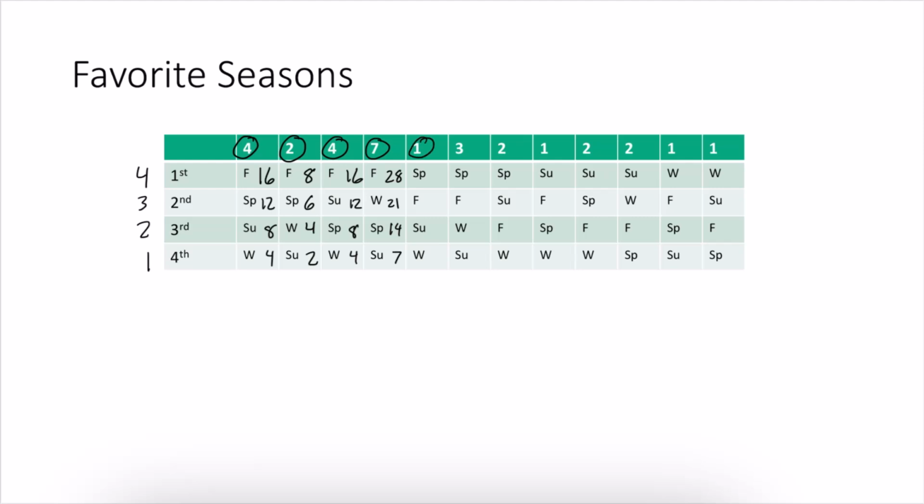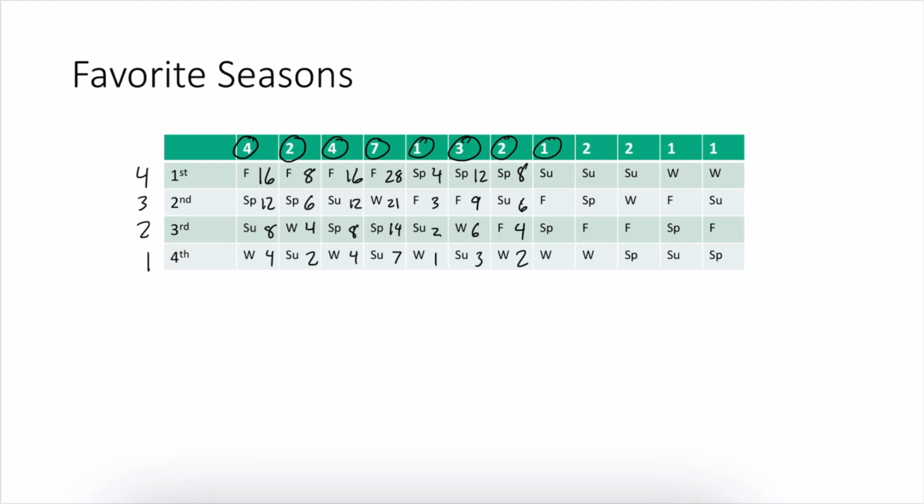This 1 vote will contribute 4, 3, 2, 1 points to each of those seasons. And then these 3 votes will contribute 12, 9, 6, and 3 points. These 2 votes will contribute 8, 6, 4, and 2.